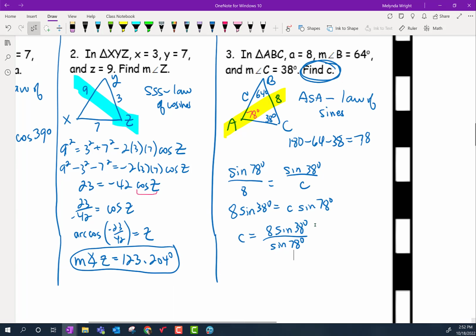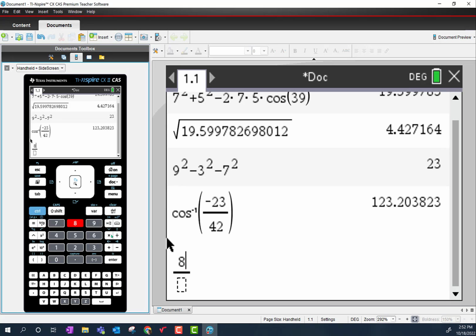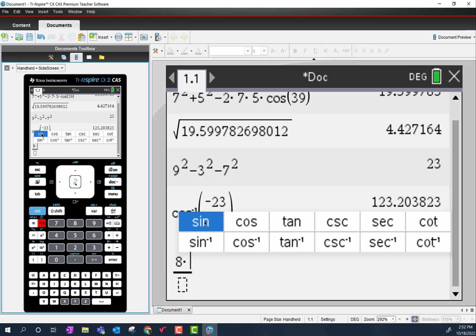So we're going to do 8 sine 38 degrees over sine of 78 degrees. Okay, so I'm going to do a fraction. 8 times, because I don't trust the calculator. Sometimes if you don't put the times there, it won't recognize it, and if you do, it does. So I always put it there, just because I don't trust it.